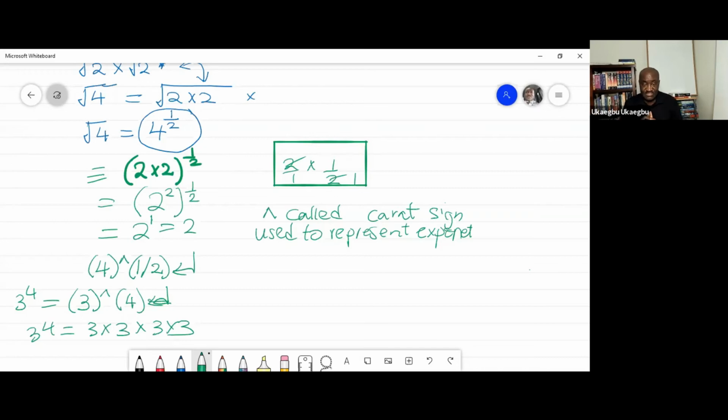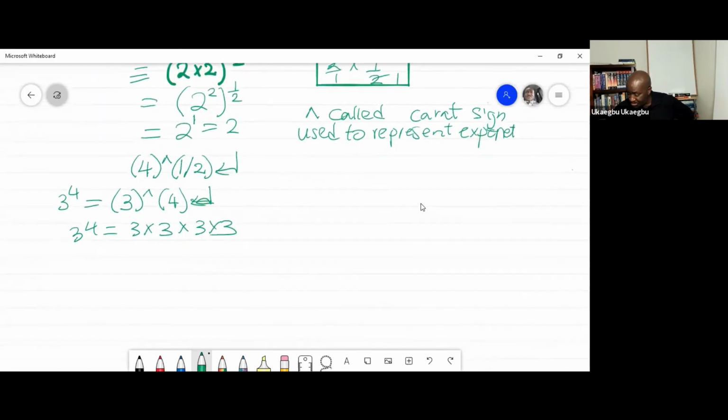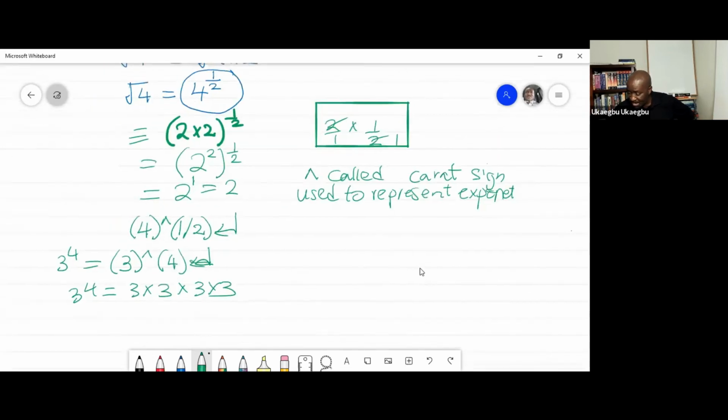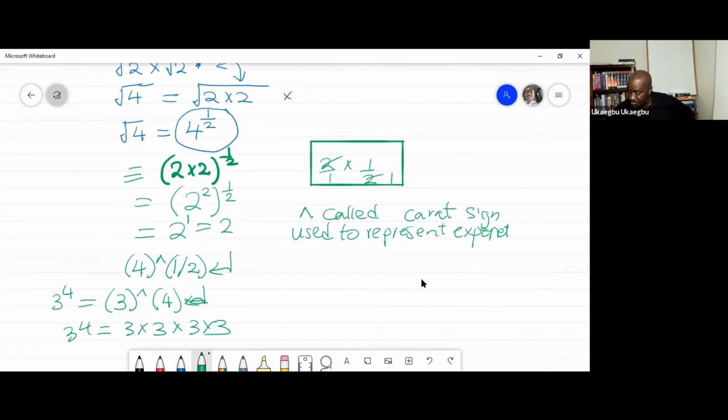And this is the trick that is going to help us in solving so many problems that involve exponents. So now let's drop the calculator for a moment and deal with other exponents.